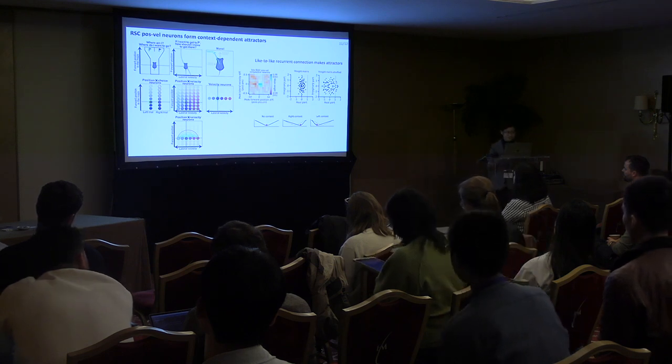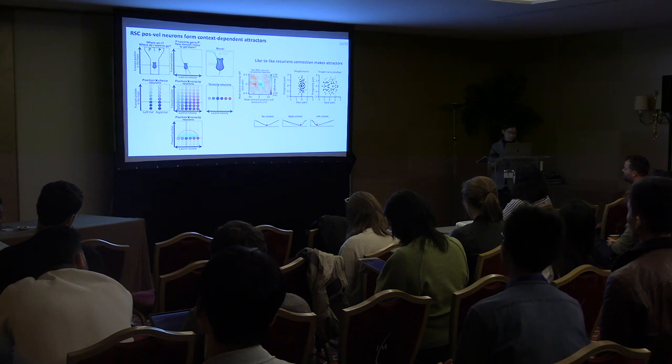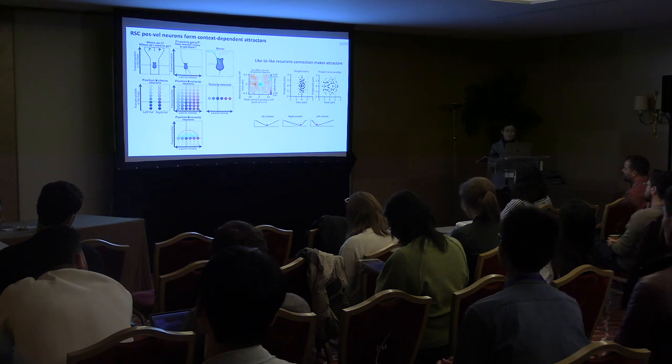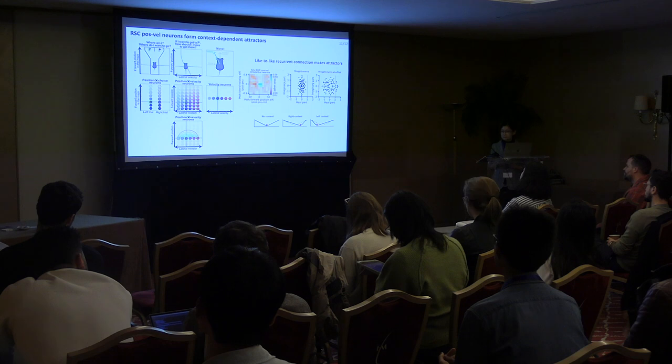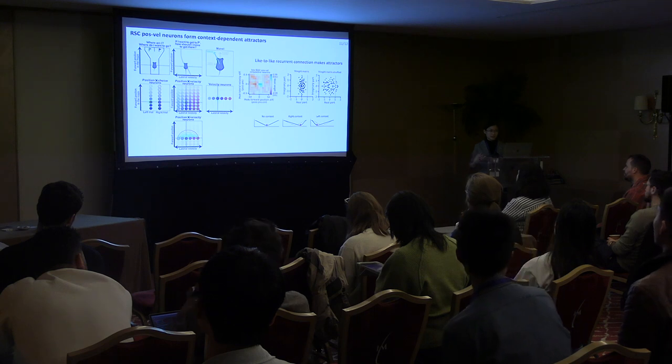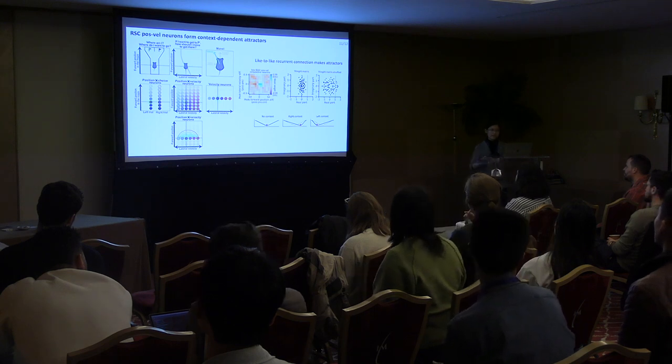I want to remind you that these position-velocity neurons are position dependent. So what we think is happening globally is we might have many of such context-dependent attractors, each preferring a certain forward position. Many of these attractors can be chained along the forward position axis, which eventually defines the navigation trajectory.